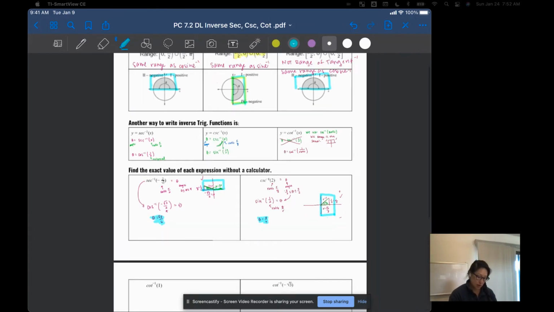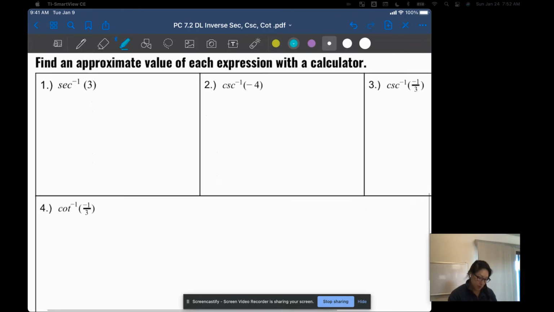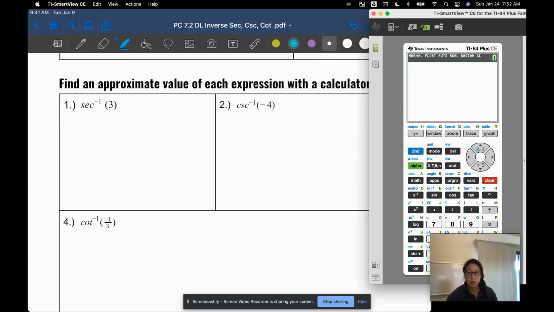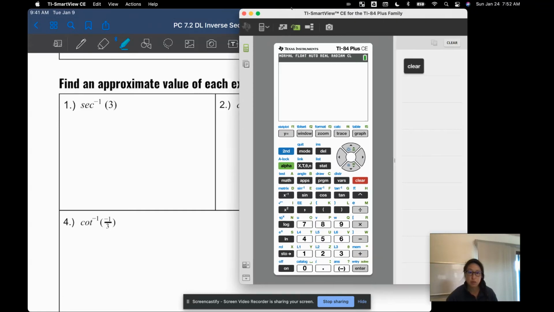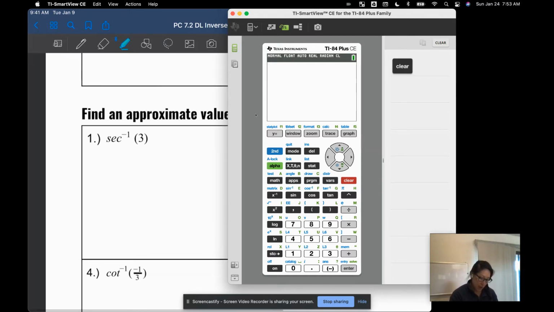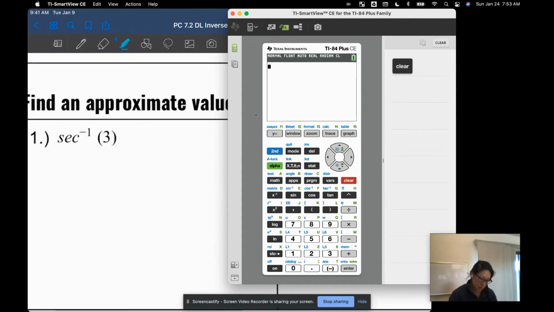All right. Okay, we're going to move on and do a couple in our calculator, and then I'll come back and show you how to do the cotangent. In our calculator, since there is no secant and cosecant inverse button, we're going to round these to 2 decimal places too.